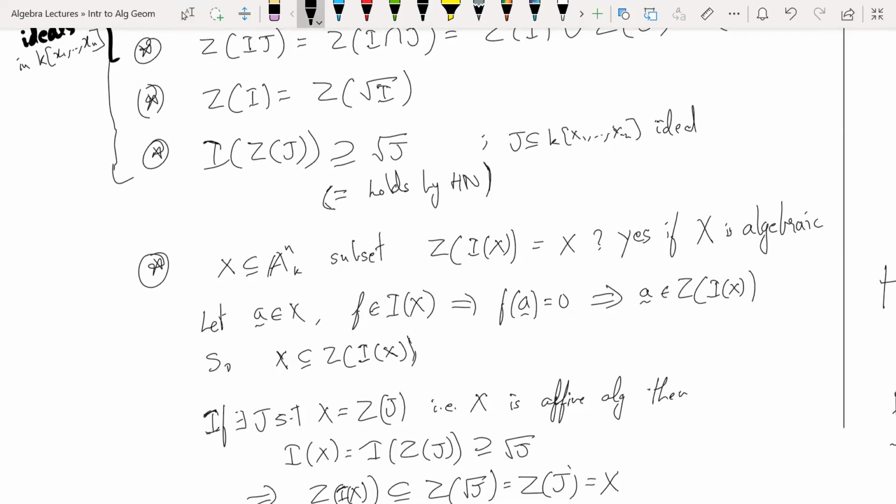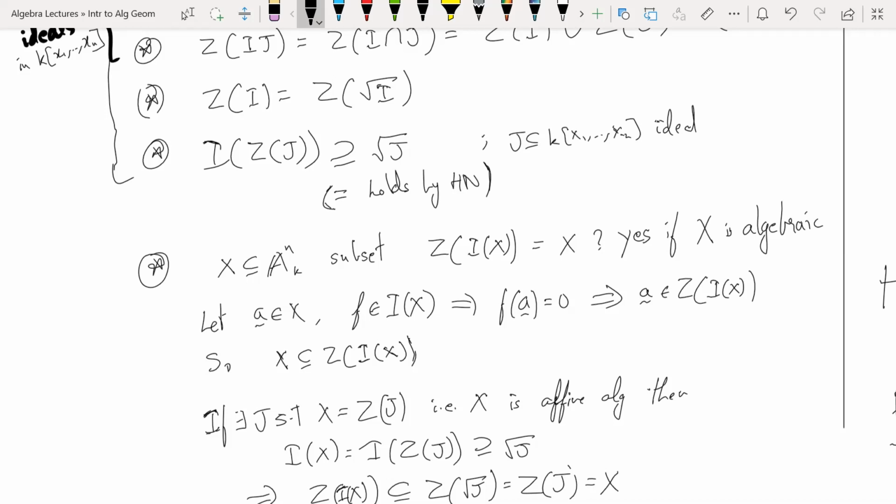Remember, we gave a topology on the affine space, where all closed subsets are algebraic subsets. So if you take the closure of X, you get Z of I of X. Anyway, let's just show that if X is an algebraic set, then we have equality.